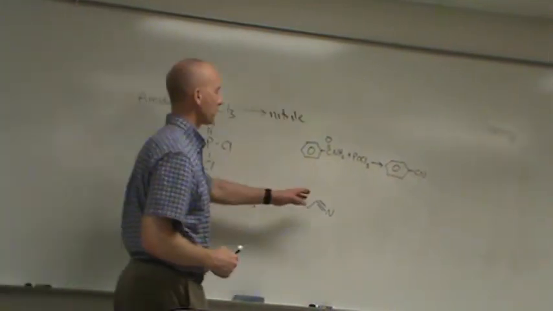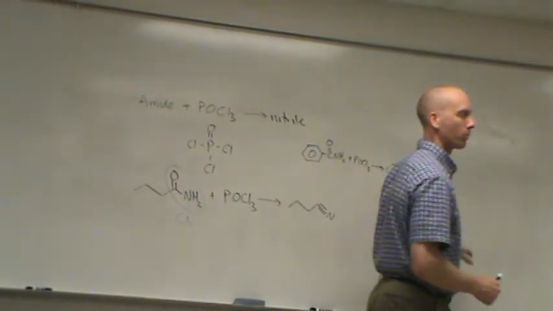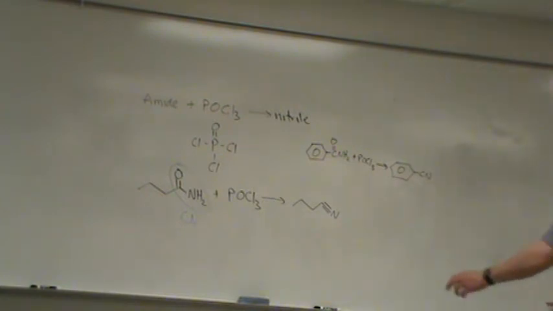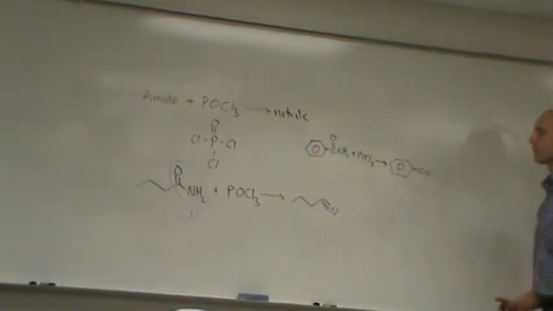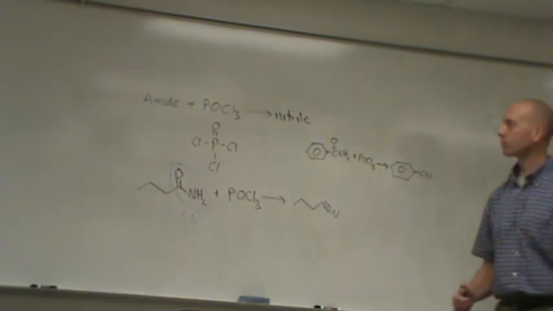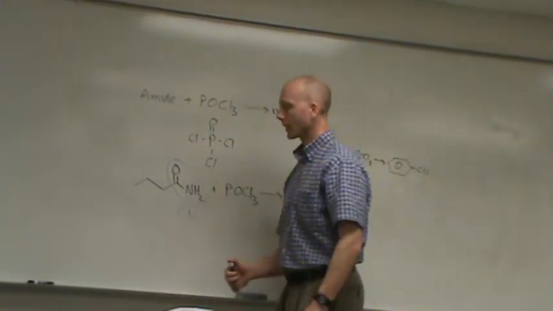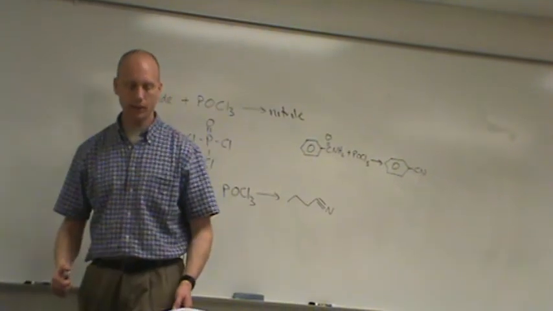Now we have a couple ways to make benzonitrile. Remember, we could go through that long synthesis we learned last chapter, or go through making the amide and reacting with POCl3. So this is how to make nitriles.